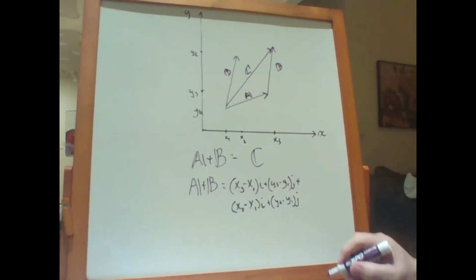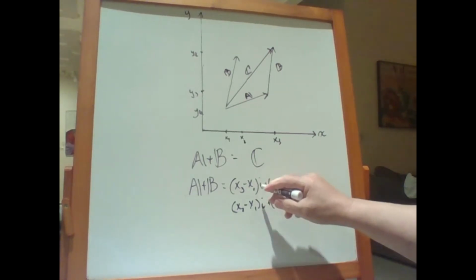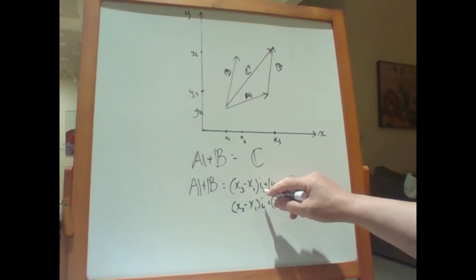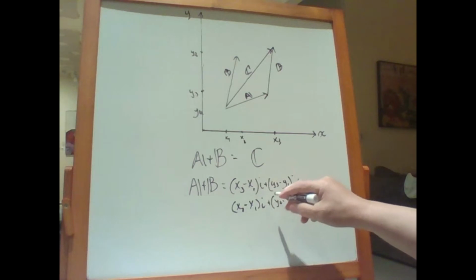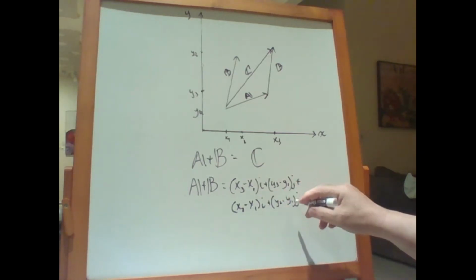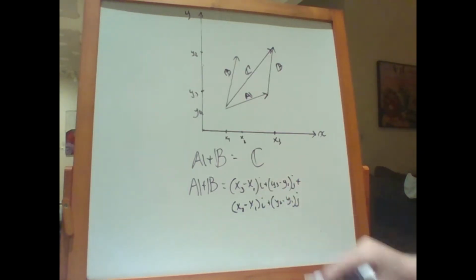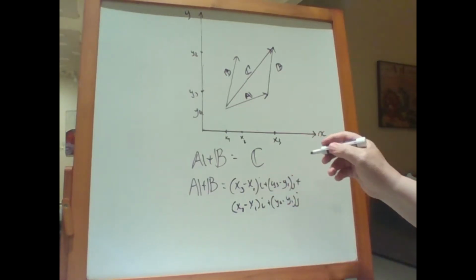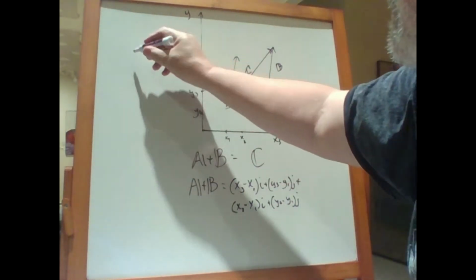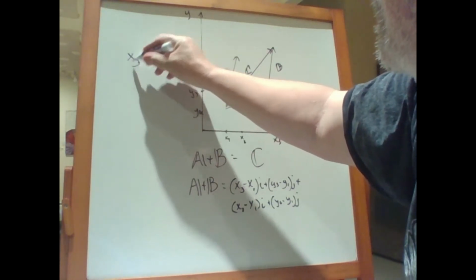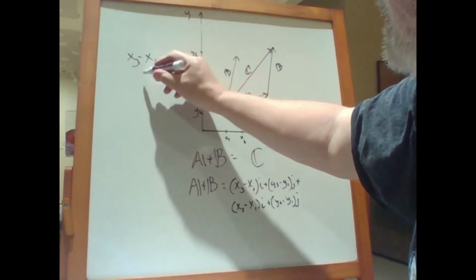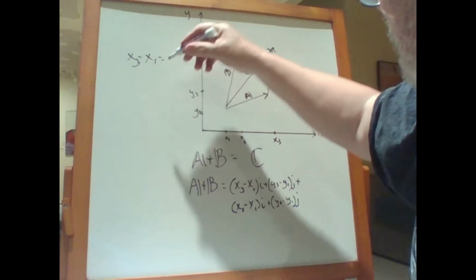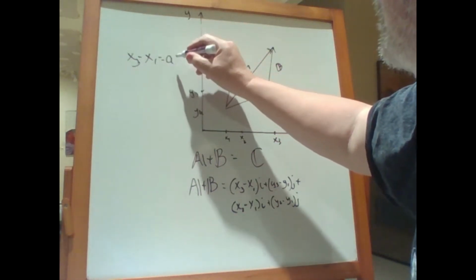Now, when we add components, we can only add similar components. We only add the i component with i component and j components with j components. So let's call x3 minus x1 equal to a1.